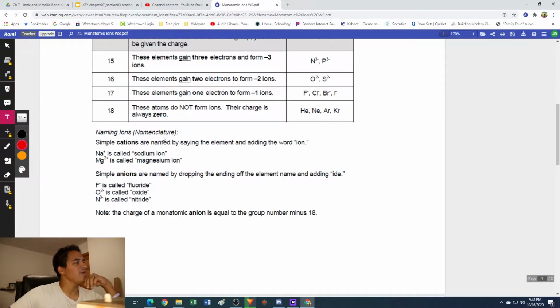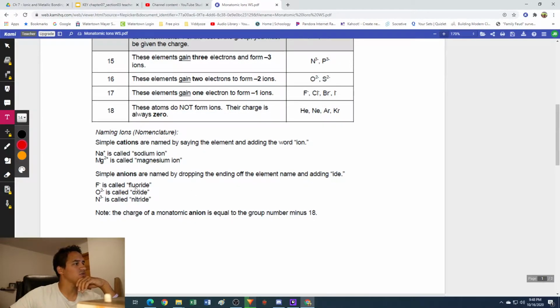Also, there's some stuff here down at the bottom. So it says naming ions. So cations, which are positive ions. When we name them, we just name them by saying the element and adding the word ion. So for example, sodium as an ion is called a sodium ion. Pretty straightforward. Mg, magnesium, is called a magnesium ion. Whereas anions, which are negative ions, are named by dropping the ending off the element name and adding "ide."